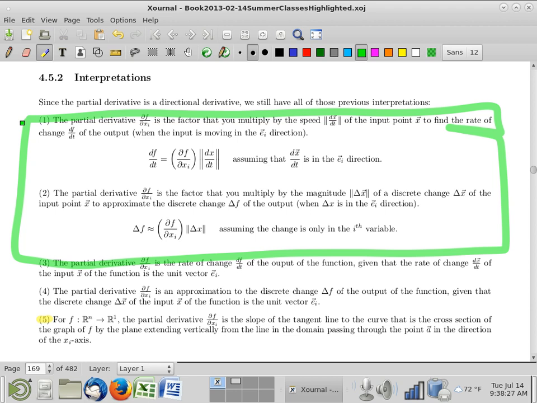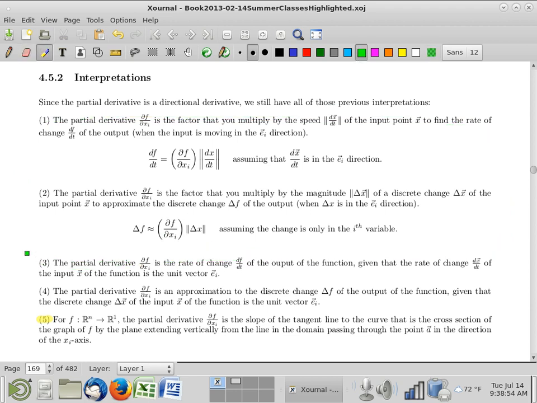Again, awkward. This isn't really technically an input change, right? The magnitude of dx dt is not your input change. It's not your velocity. It's your speed. It's the magnitude of the velocity. But nevertheless, the partial derivative is what you multiply by the magnitude of the input change to get the output change. Because it's a unit directional derivative. Likewise for discrete changes down there.